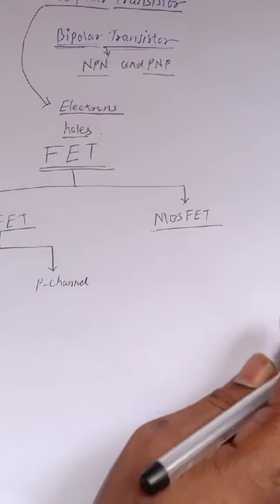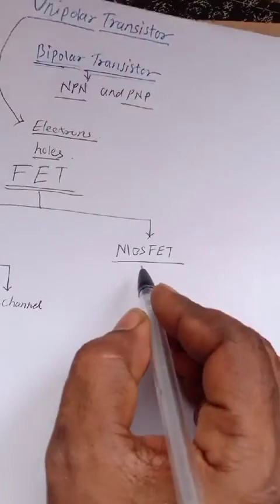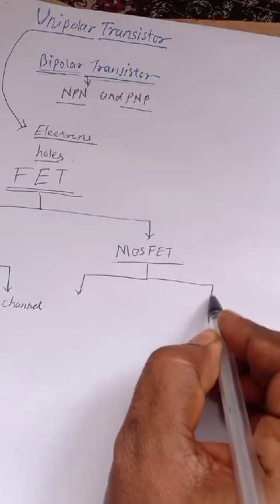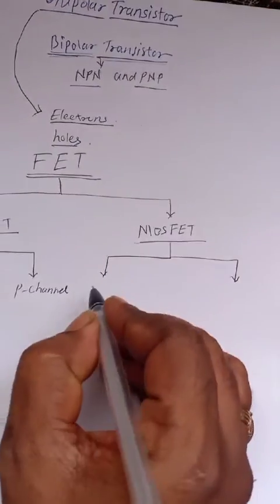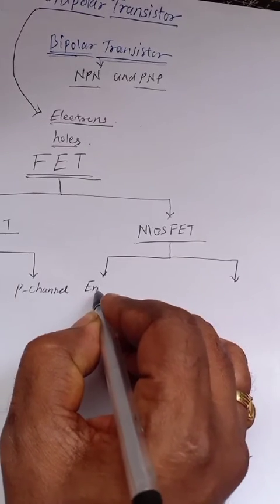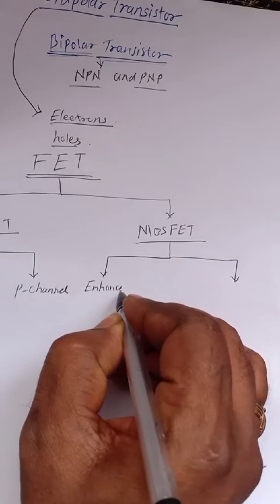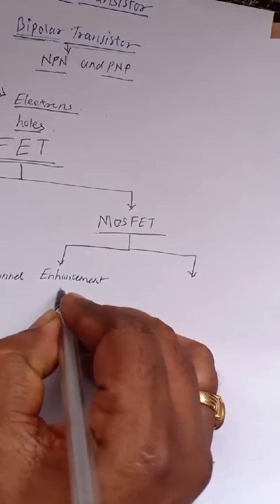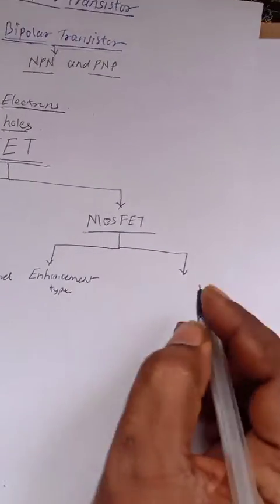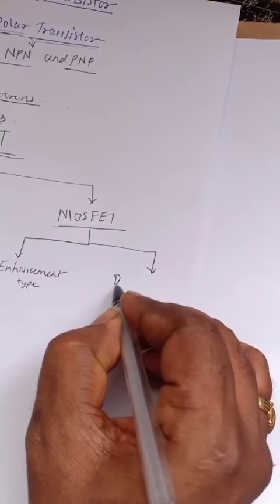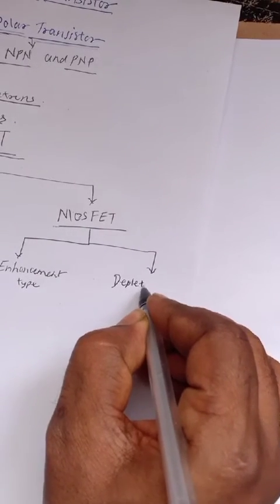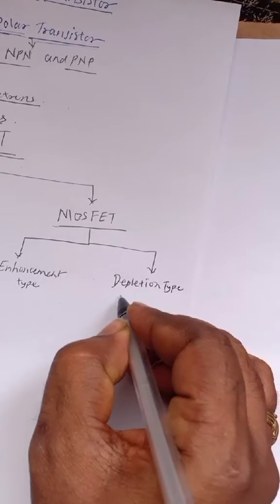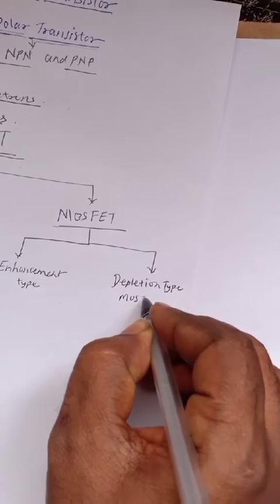Again, MOSFET is also divided into two categories: enhancement type MOSFET and depletion type MOSFET.